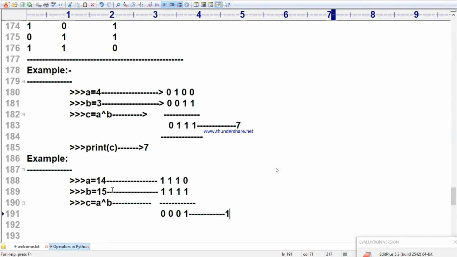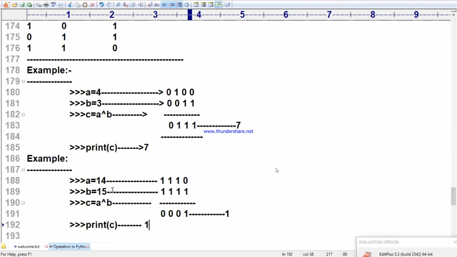So print the result. Print of C gives the answer 1. Are you understanding?